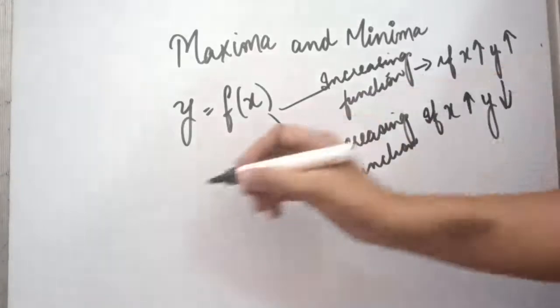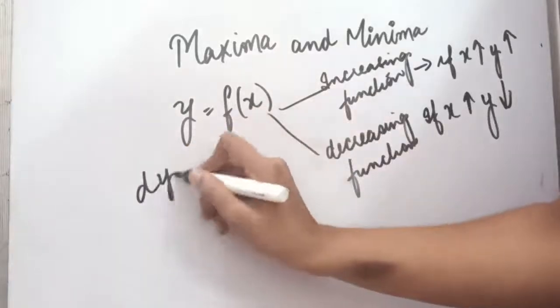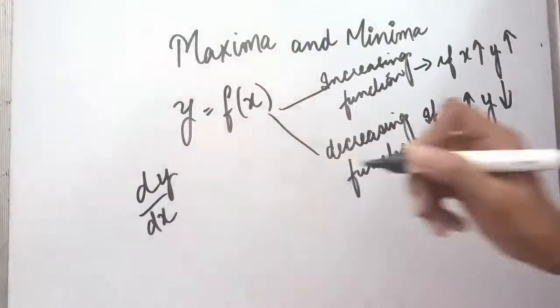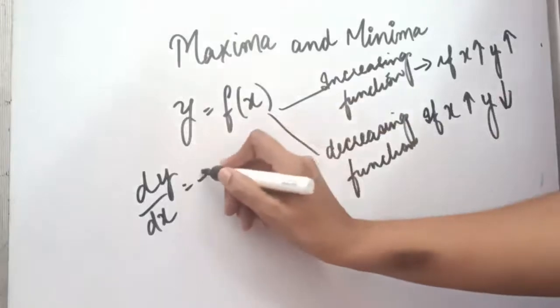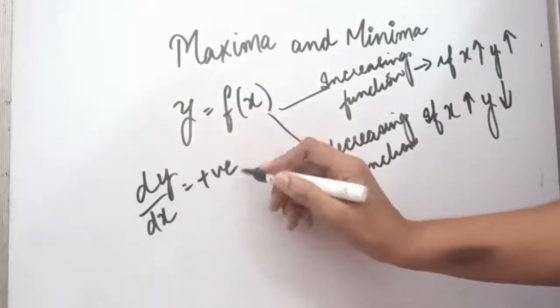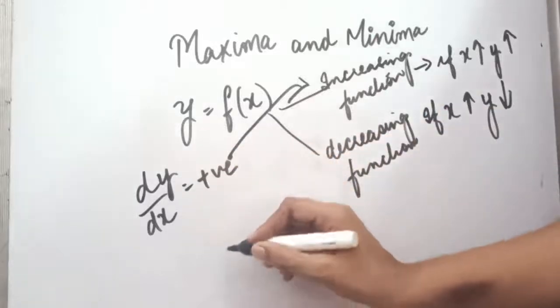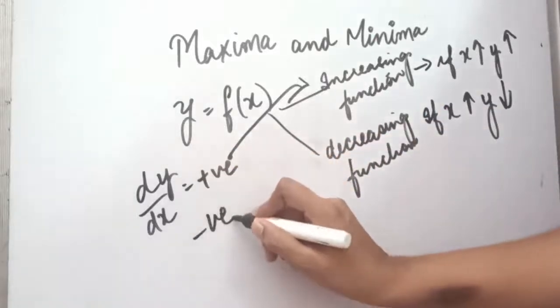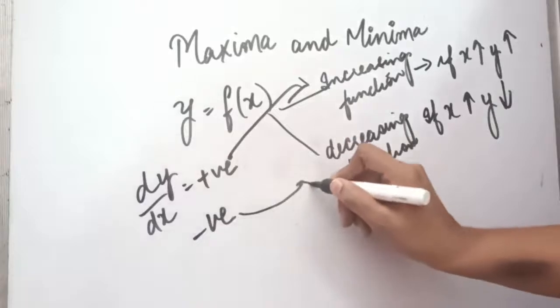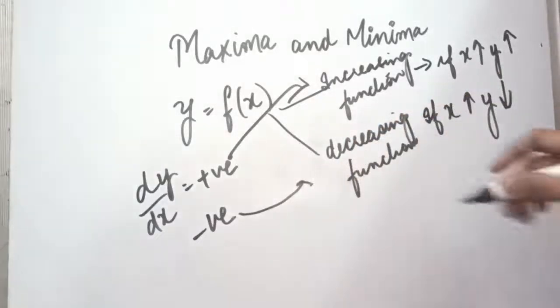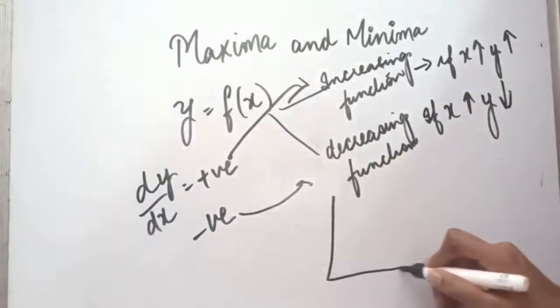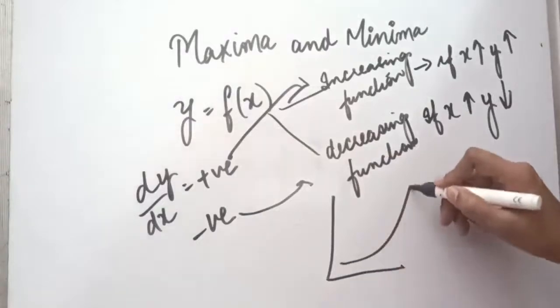Another important point is that if you calculate the derivative of this function, that is derivative of y with respect to x, and it comes out to be positive, then it is said that the function is increasing. On the other hand, if this derivative comes out to be negative, then it is said to be a decreasing function. We can show this with the help of a diagram.